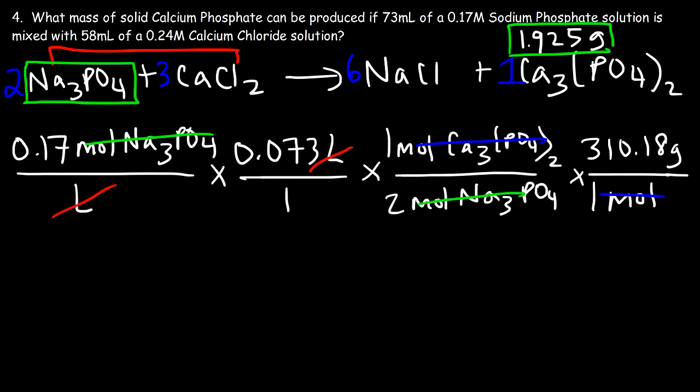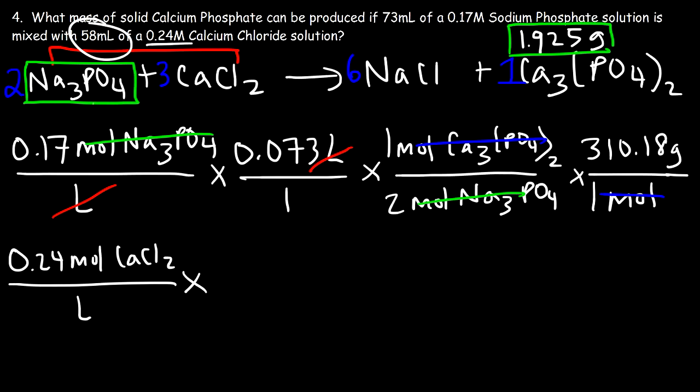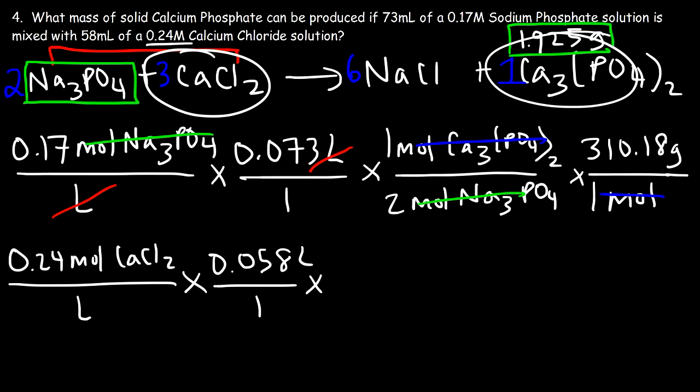Now let's follow the same procedure, but with calcium chloride. So let's start with the molarity of calcium chloride. So it's 0.24 moles per liter. And now let's multiply by the volume, which is going to be 0.058 liters. Now the molar ratio between calcium chloride and calcium phosphate is 3:1.